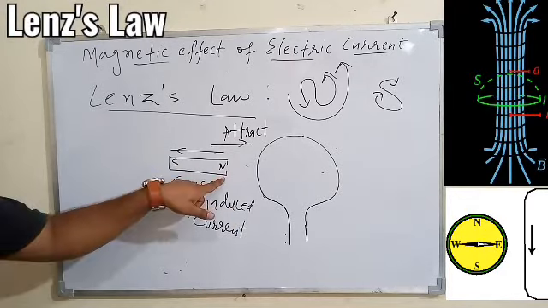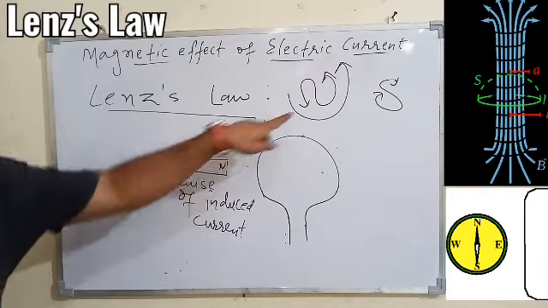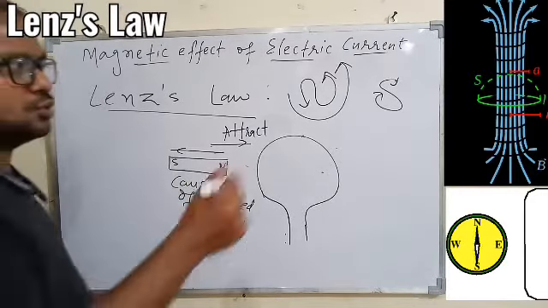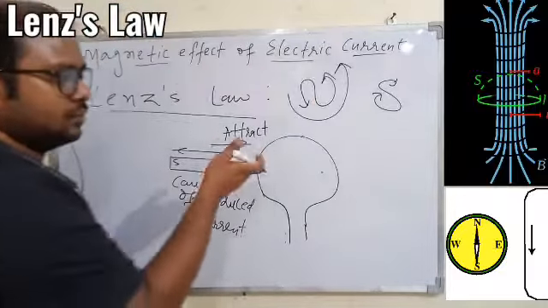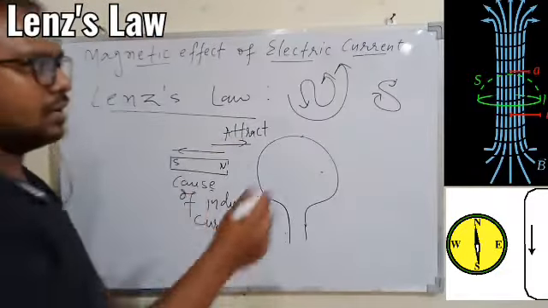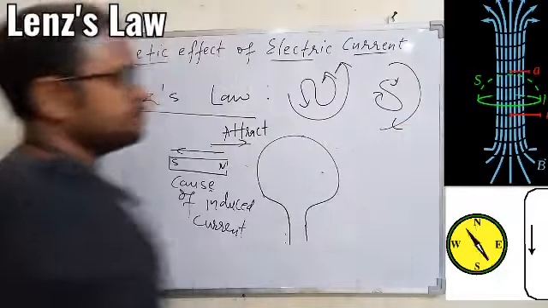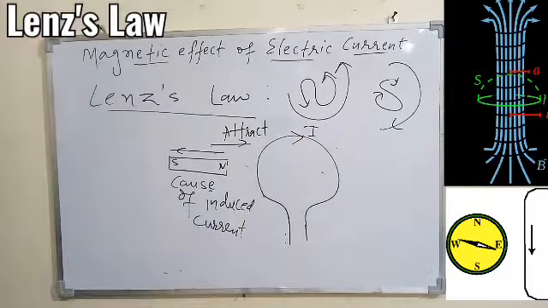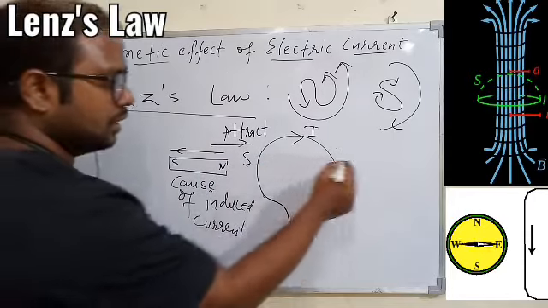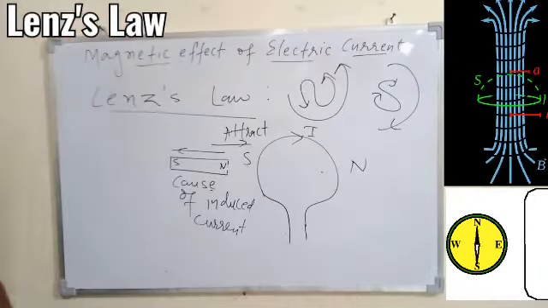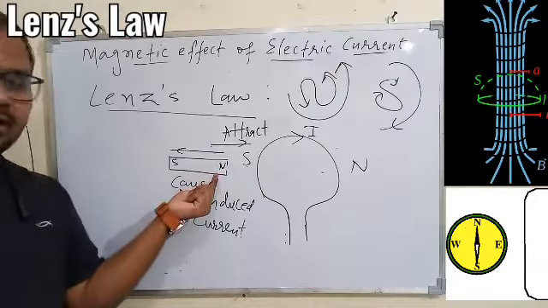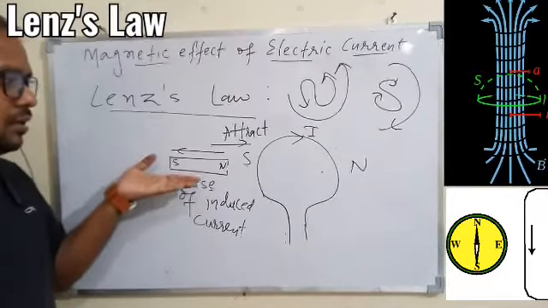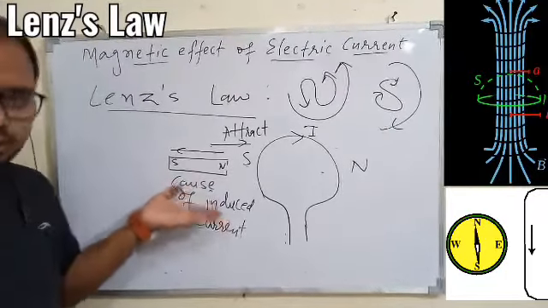You know the north can be attracted by a south pole. So understood, if the south pole should be this face, then the current must be clockwise. If the current starts flowing clockwise in this direction, automatically this face will become south and the back face will become north. Now south will attract the north, and in that way the motion of the magnet can be opposed.